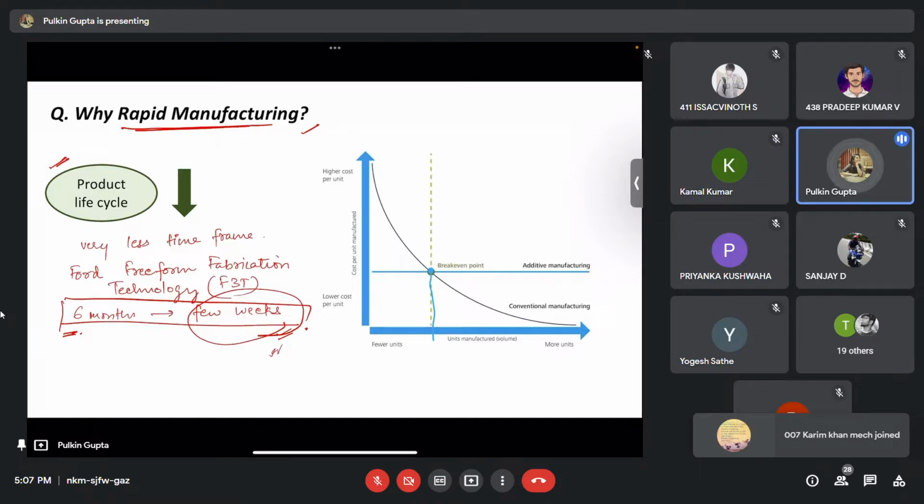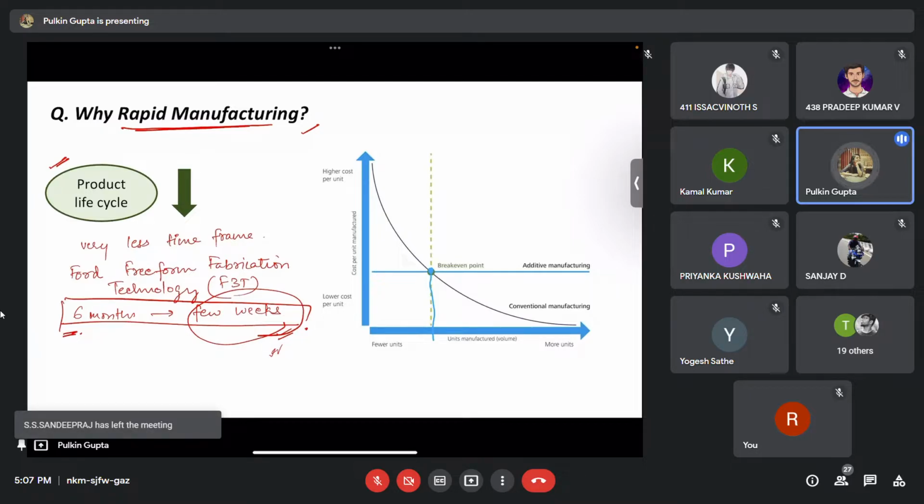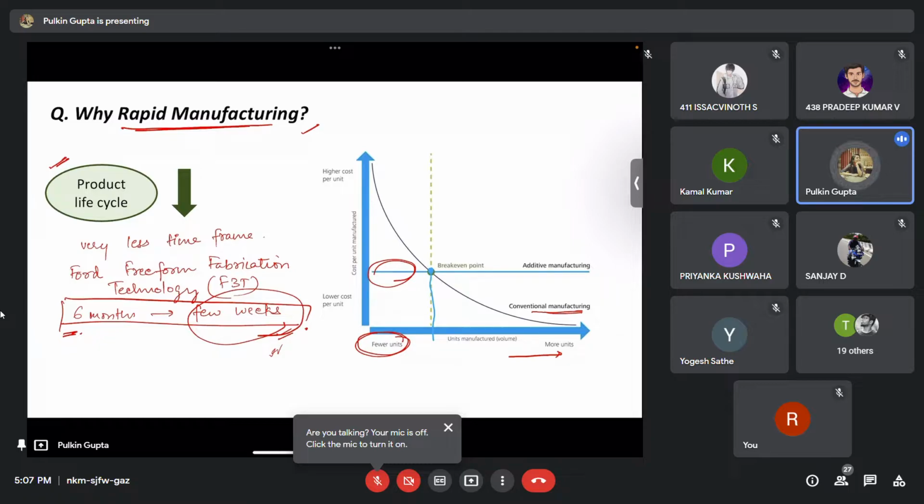So when we have fewer number of products in each cycle, we have lesser manufacturing costs for additively manufactured products. But as we move towards more units, conventional manufacturing techniques have lower cost. But using conventional manufacturing techniques, we cannot cater to individual requirements.